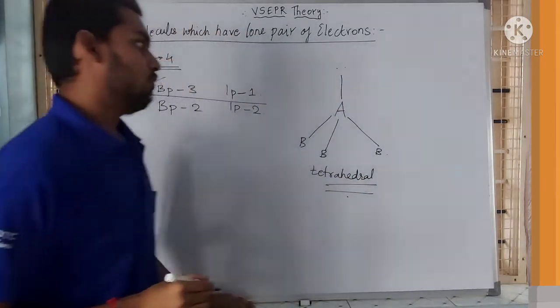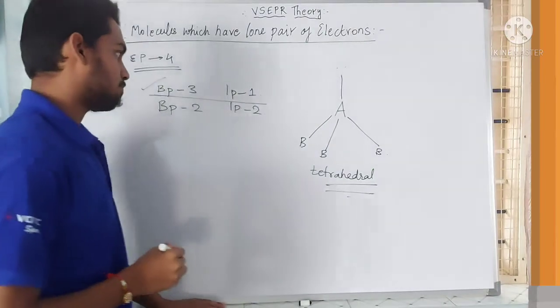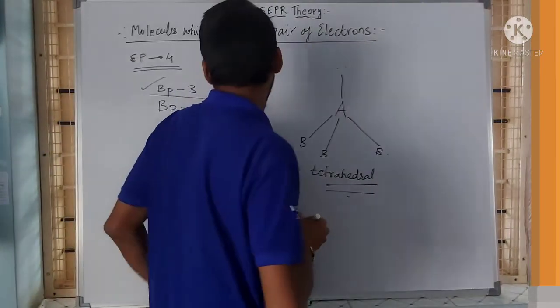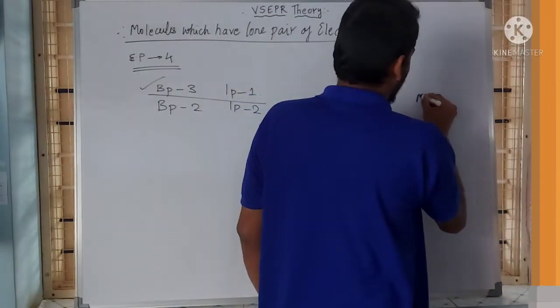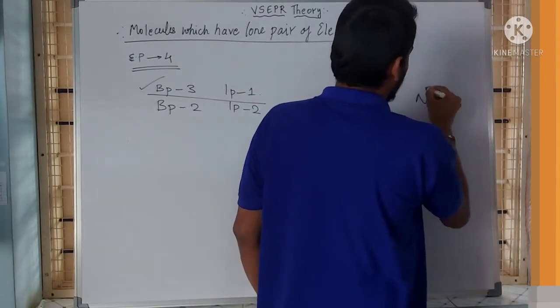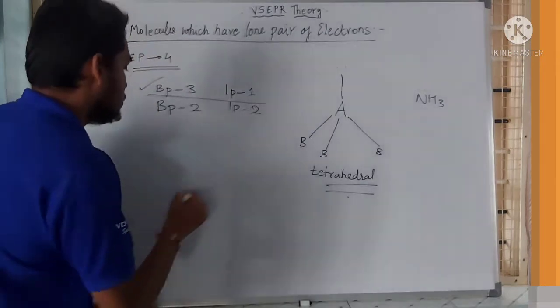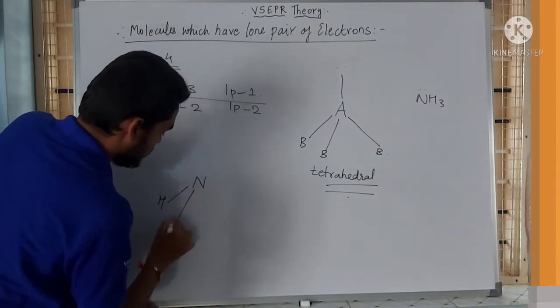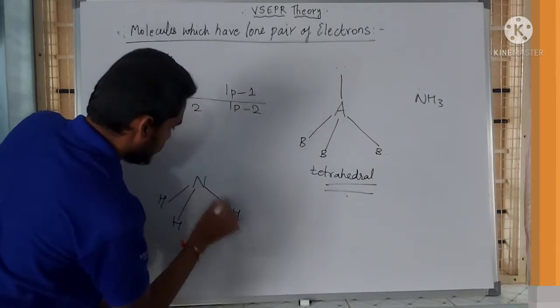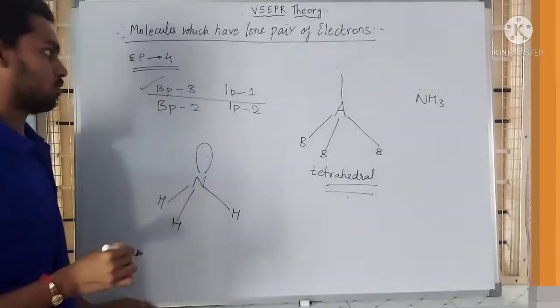But now if we draw the geometry of this, an example of this type of molecule is ammonia. So let us draw the structure. This is the first hydrogen, this is the second hydrogen, this is the third hydrogen, and this will be the lone pair of electrons present.